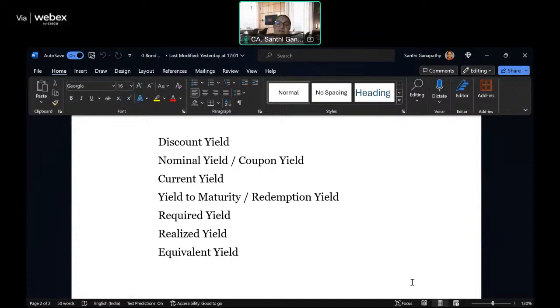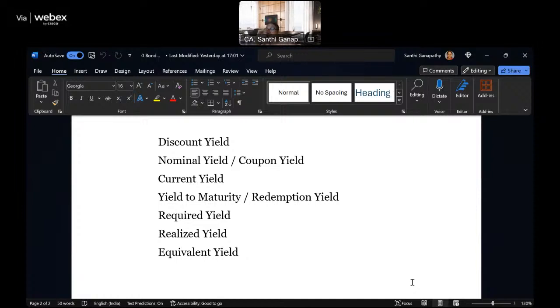Now, required yield. What is required yield? Required yield is a minimum yield which the investor requires from a bond. It consists of two components. One, the risk-free rate, which is determined by the yield on government securities. Now, normally, if nothing is mentioned, whatever yield is given, whatever cost is given, we assume that it is nominal.